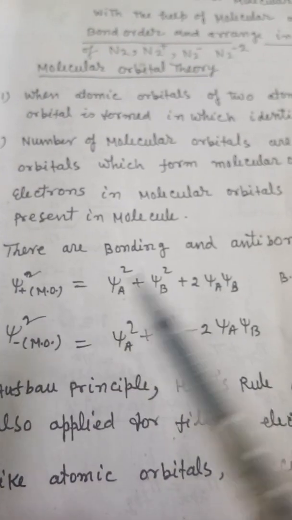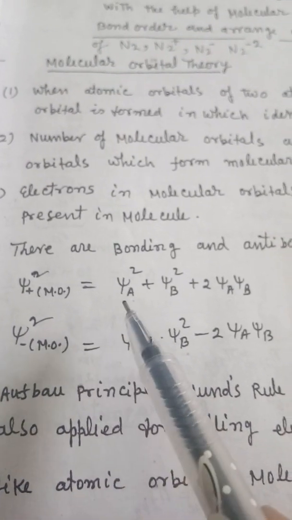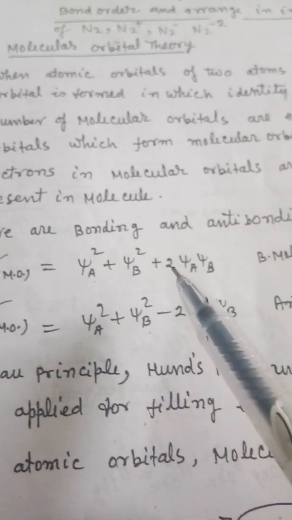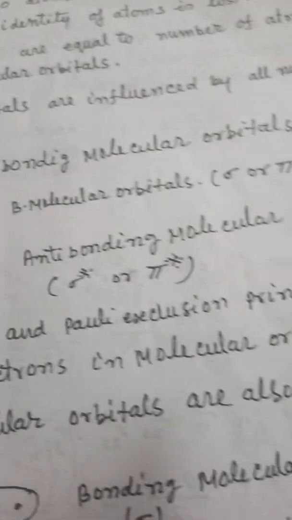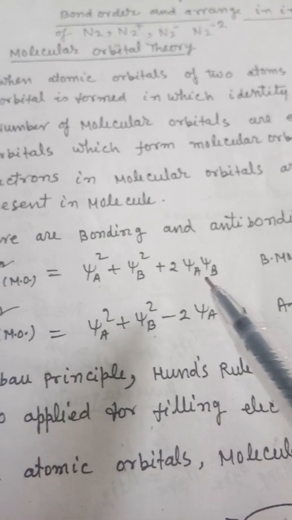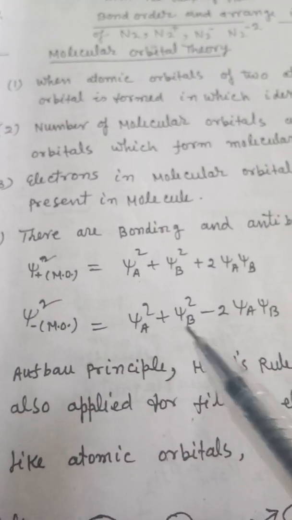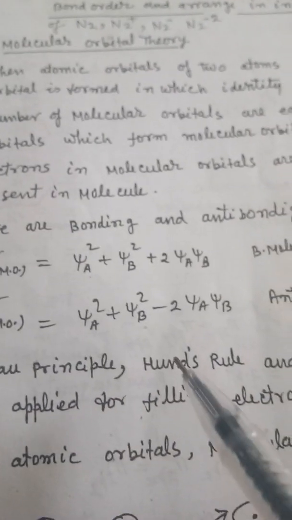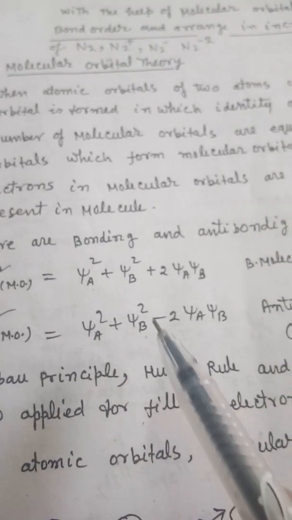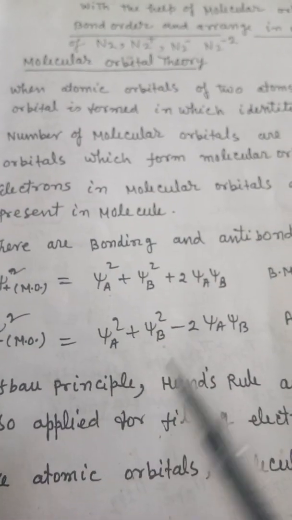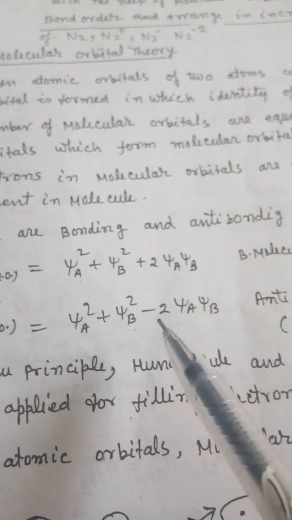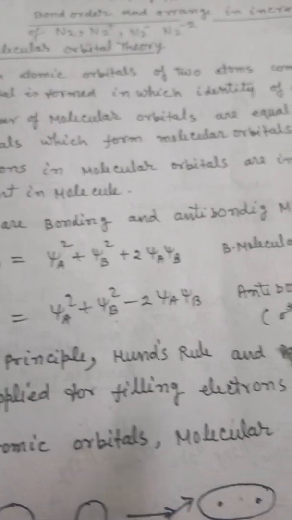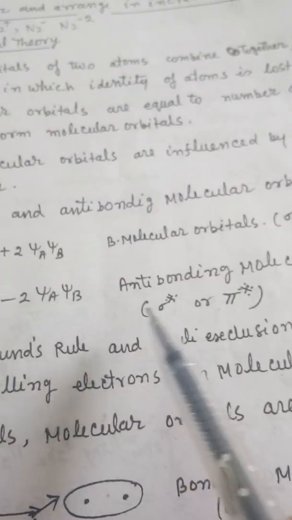When two atomic orbitals combine together, we get psi A squared plus psi B squared plus 2 psi A psi B. So this is the bonding molecular orbital. Similarly, the anti-bonding molecular orbital is formed by (psi A minus psi B) whole squared, which equals psi A squared plus psi B squared minus 2 psi A psi B. So it is called the anti-bonding.